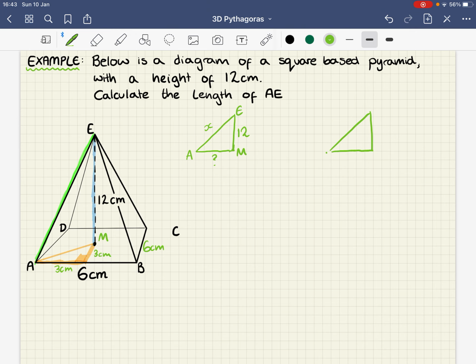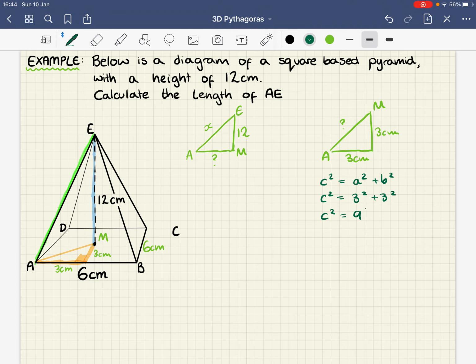So that is going to be my A to M length, and I've got that other middle bit in between my A and my B. I'm just going to leave that one blank. And I've got this 3 centimetres, 3 centimetres, and what I want to find out first is that A to M length. So using my formula, it's C squared equals A squared plus B squared. So I'm going to have C squared equals 3 squared plus 3 squared.